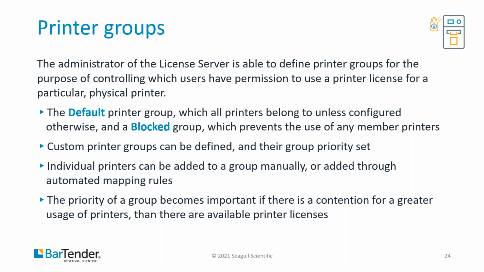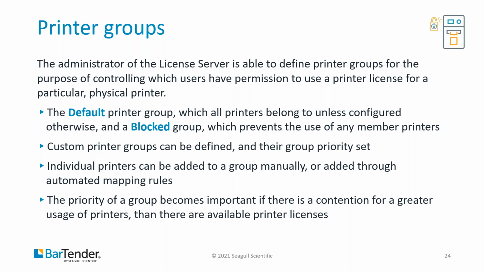So for example, you may want to define a production line printer group, so only the printers that are on your active production lines. But elsewhere in your organization, you have other printers, such as in the warehouse, at reception, or whatever the case may be.